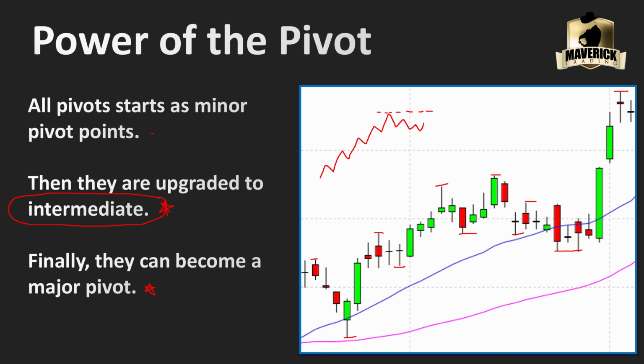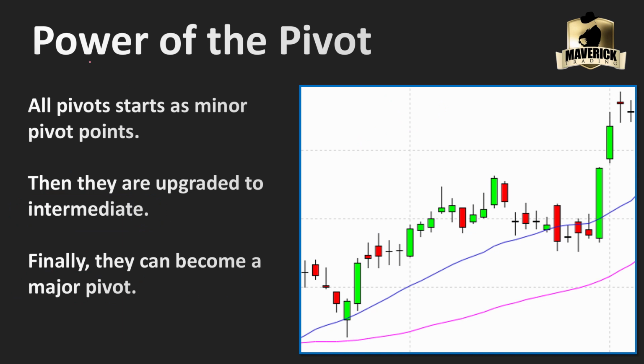If this goes back up and breaks through, this was just an intermediate pivot. However, if the entire trend were to break down after this, this would be considered a major pivot point, a major level of resistance or trend. And so it goes from minor to intermediate to major.